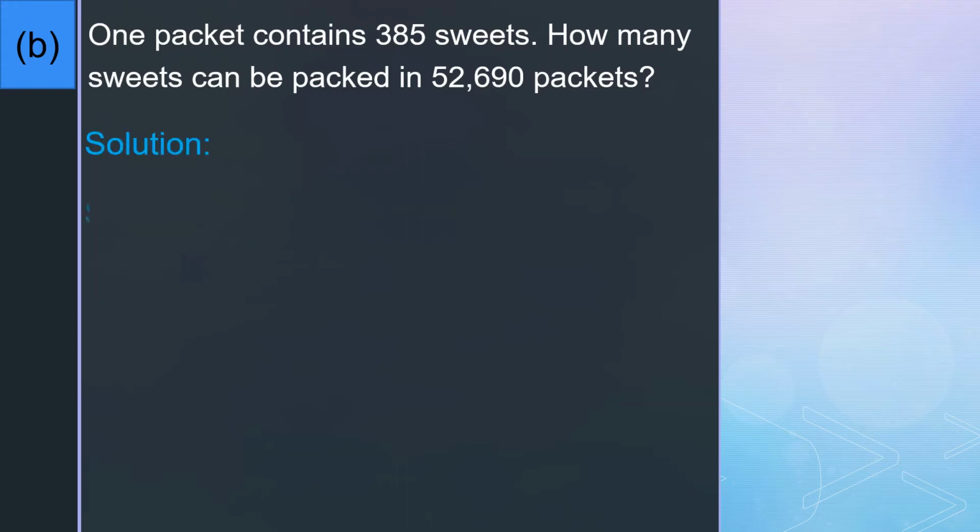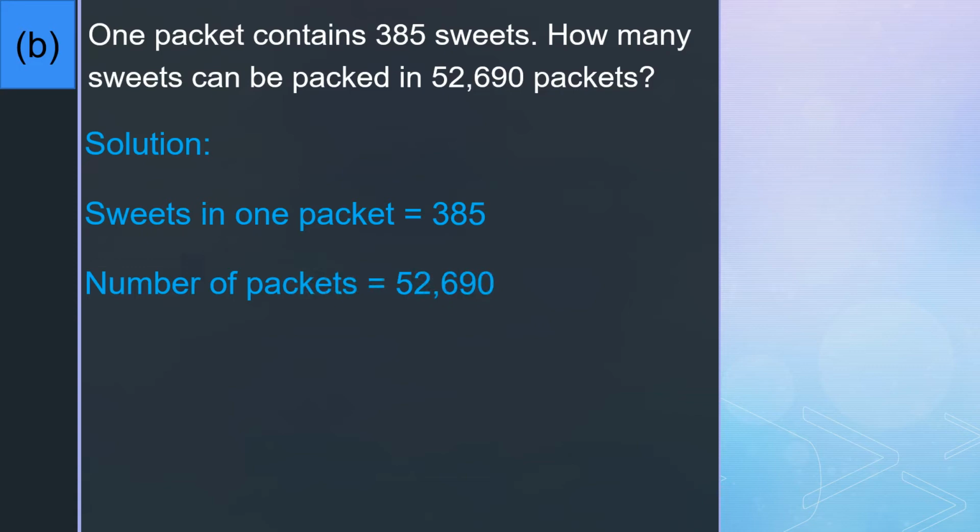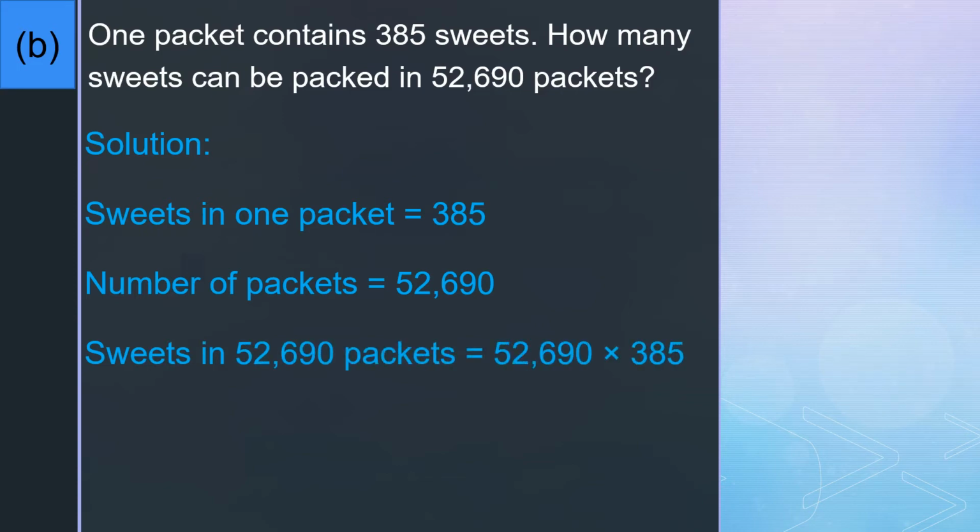So the first statement is sweets in one packet is equal to 385. And the second statement is number of packets is equal to 52,690. And the third statement is sweets in 52,690 packets is equal to 52,690 multiplied by 385. Now do the multiplication.